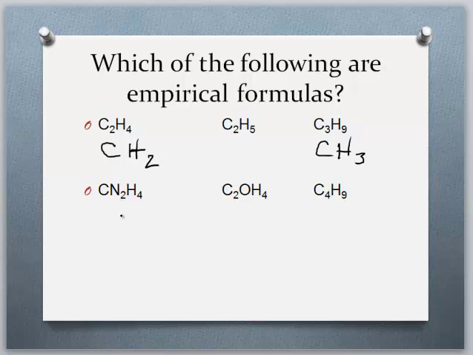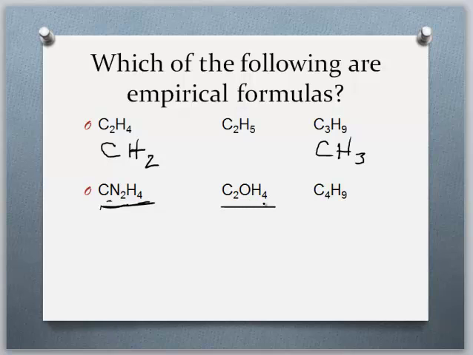CN2H4. The classic mistake here is to see the 2 and the 4 and think, oh, well, those can be reduced to 1:2. But you've got to remember, you've got the carbon here with a subscript of 1, so that is an empirical formula. You can't reduce it any further because you'd have to reduce the carbon also. The same thing goes for C2OH4.